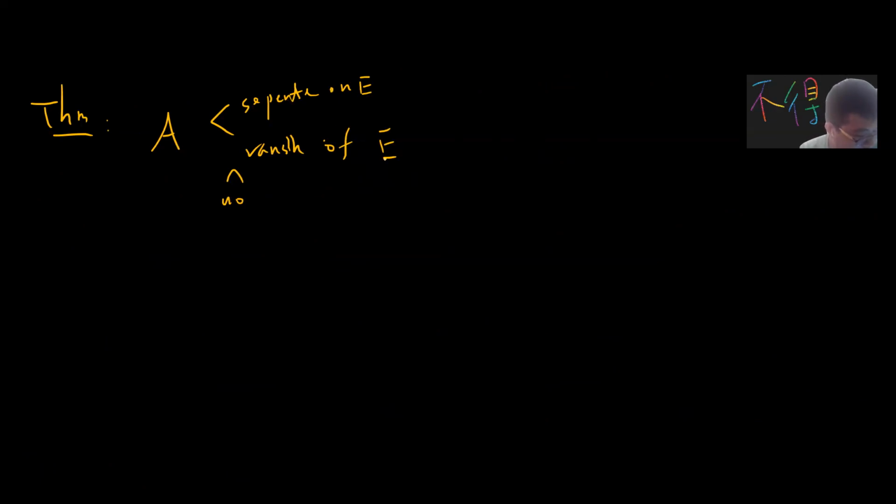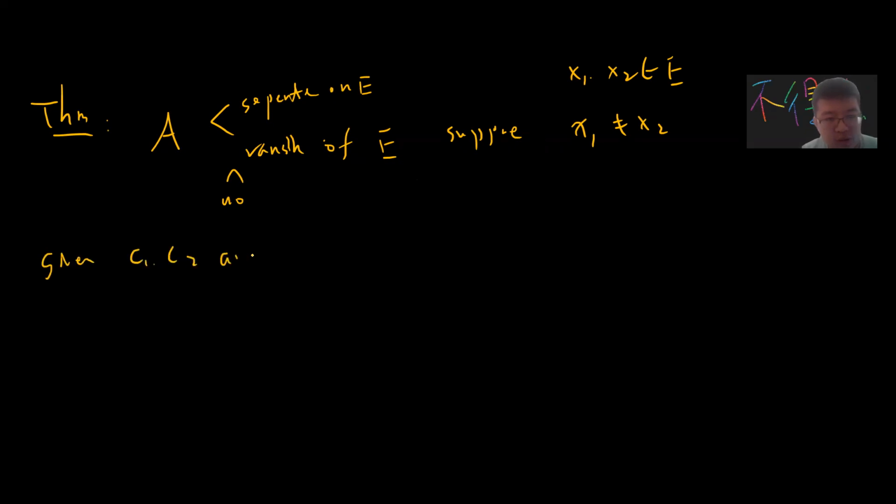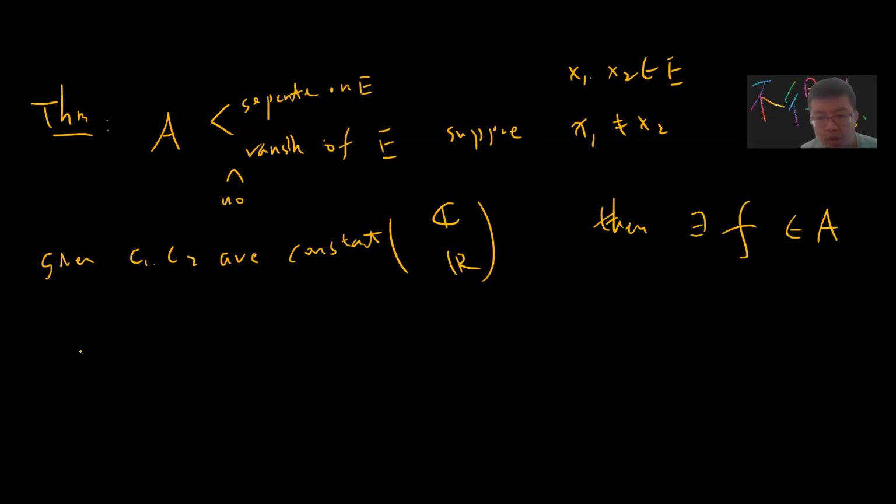Suppose x1 is not the same as x2, both points of E, and given constants c1, c2, complex if you're talking about complex, or real. Then there is a function f in A such that f(x1) is c1 and f(x2) is c2.